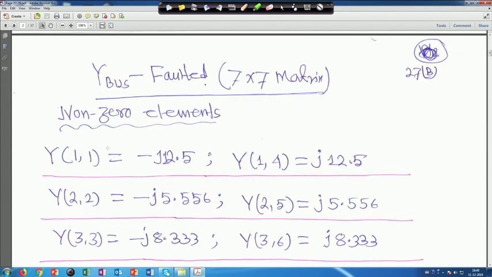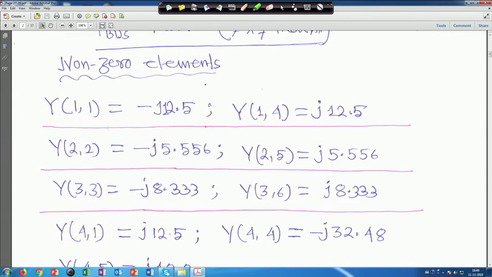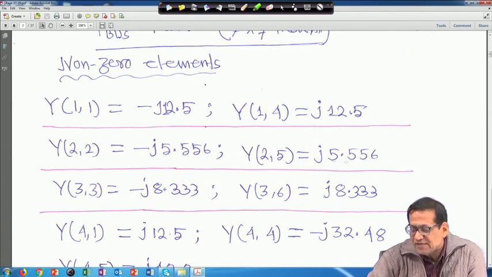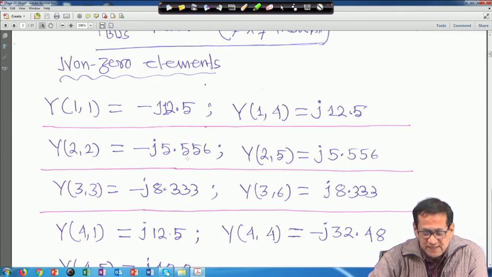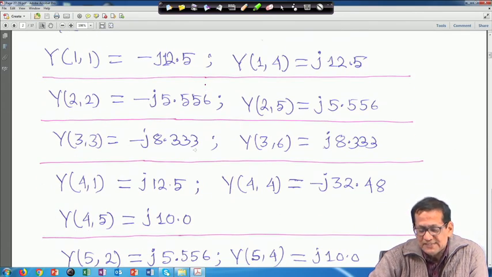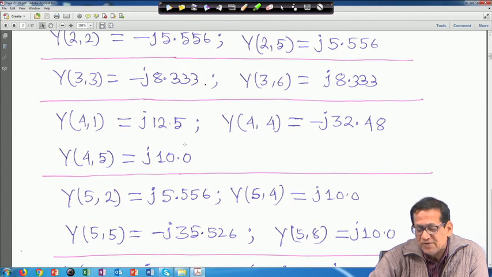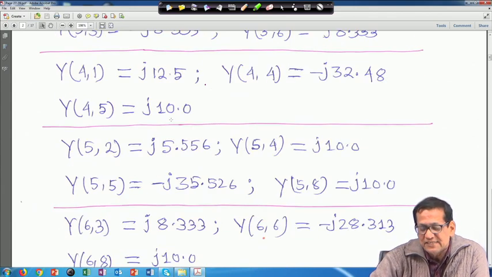Now the Y bus faulted matrix, non-zero elements. In this case it will be a 7 into 7 matrix. Y11 will be minus J12.5, Y14 will be J12.5, Y22 will be minus J5.556, and Y25 is J5.556. Now Y33 will be minus J8.333, and Y36 is J8.333, Y41 is J12.5, Y44 will be minus J32.48, and Y45 we will get J10.